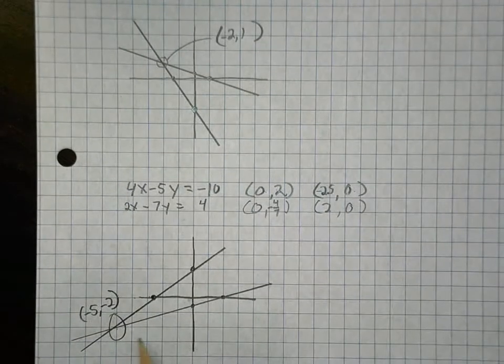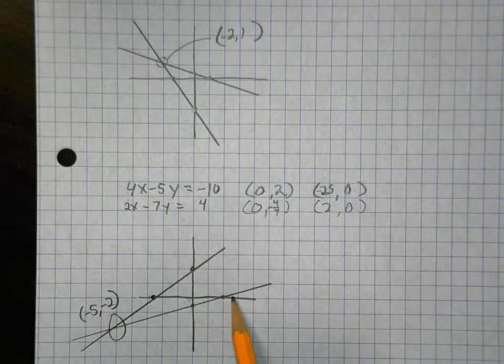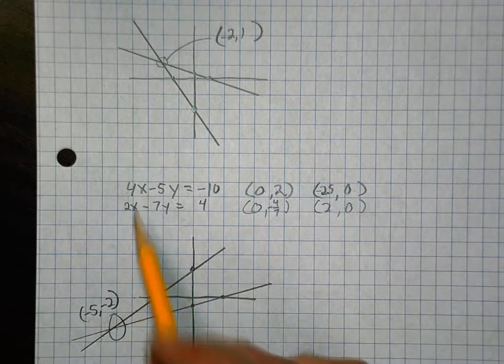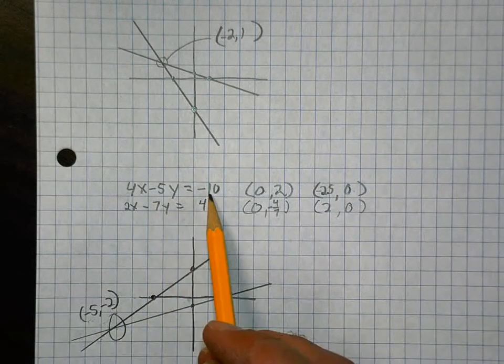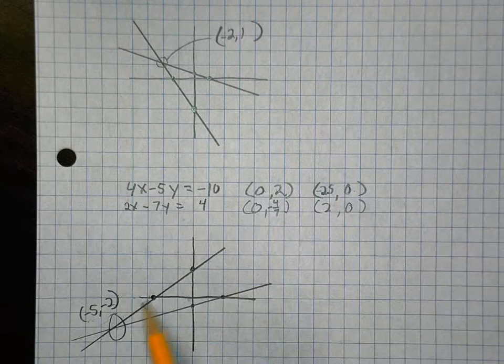Now, because of this point, if you put your ruler on there, you might have been a little bit closer to a different coordinate. As long as you graphed it right and you're close, we're in pretty good shape, but you can check your answer and see if you're in the ballpark. If we plug negative 5, negative 2 in and it doesn't come out in both of these equations, we know we don't have the right answer, so we can try some other points that are close by.